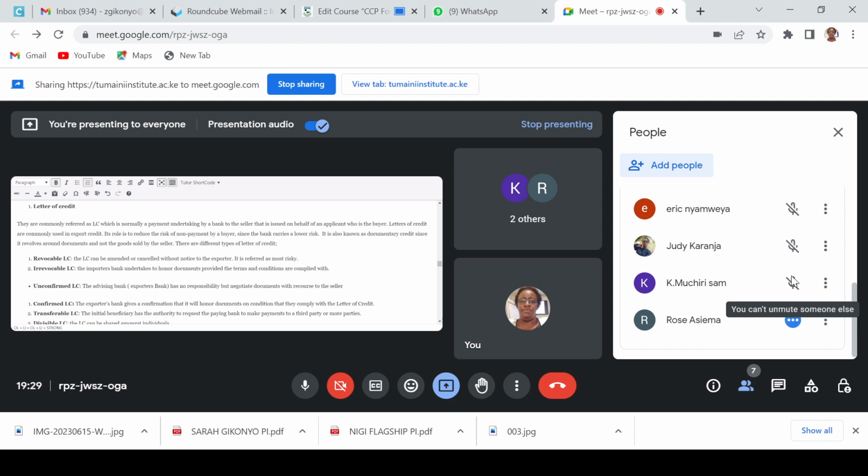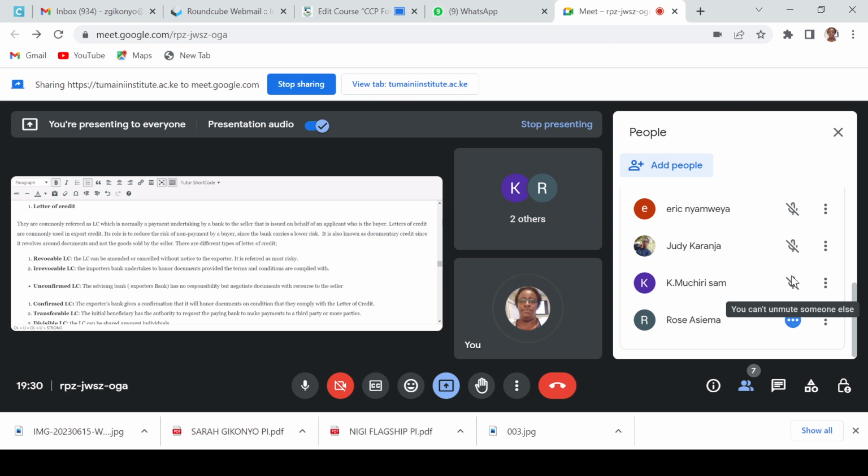It's basically a guarantee to pay at a particular time. It's like when someone has supplied goods, so it's normally based on goods. So the bank promises that if the buyer does not pay, then the bank will pay. So it's a guarantee of payment for goods. It can be paid immediately or after a number of days depending on the terms.